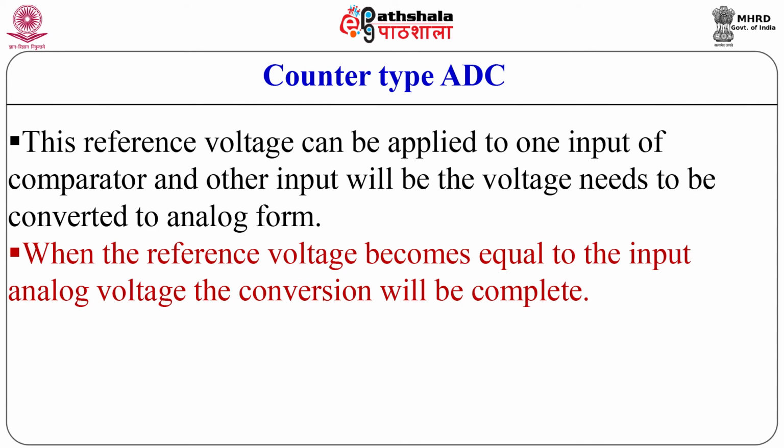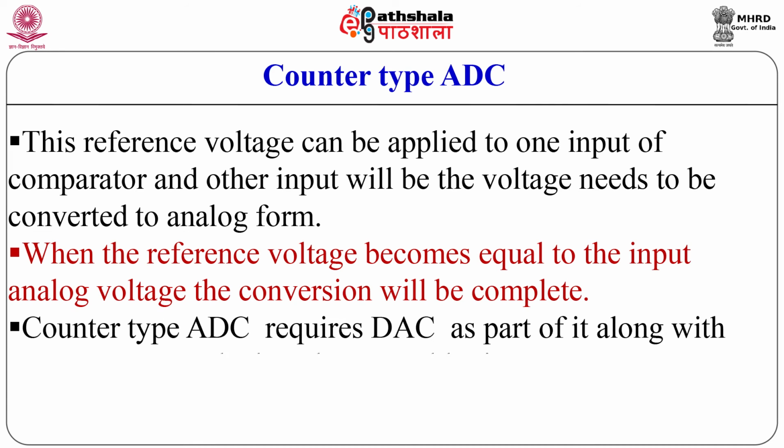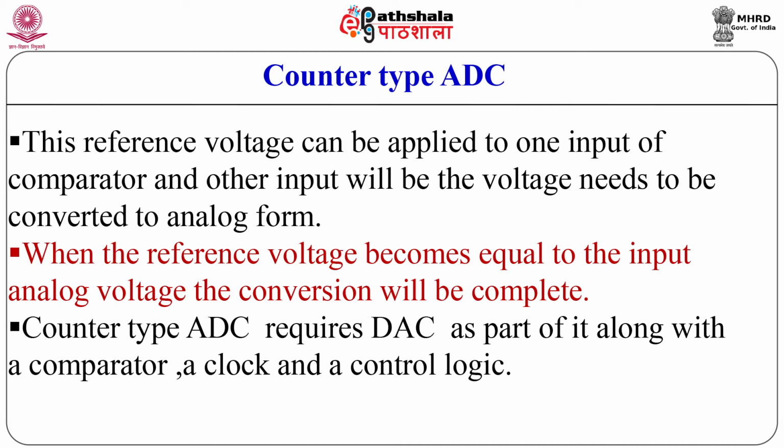When the reference voltage becomes equal to the input analog voltage, the conversion will be complete. It is found that counter type ADC requires DAC as a part of it in order to obtain variable reference voltage, and hence the counter type ADC requires comparator, a clock and a control logic.